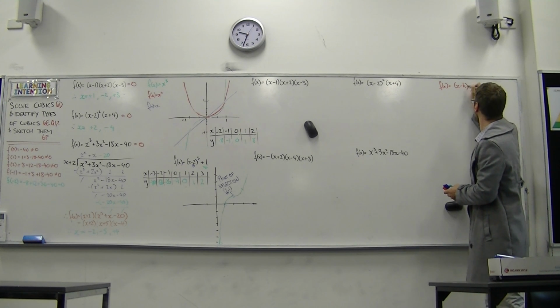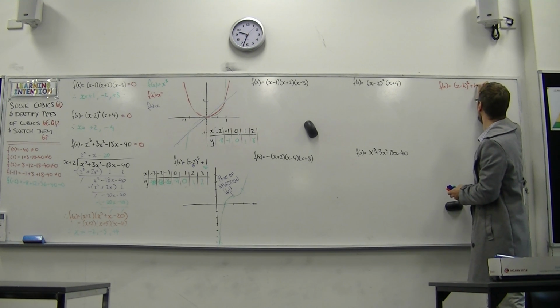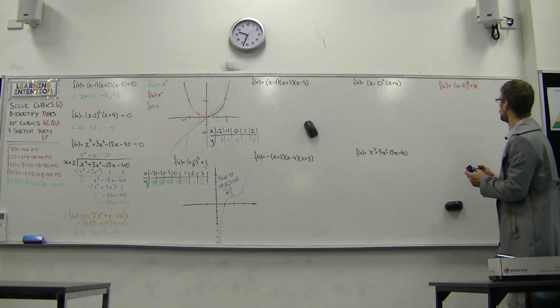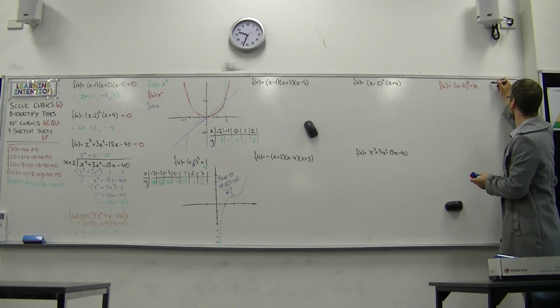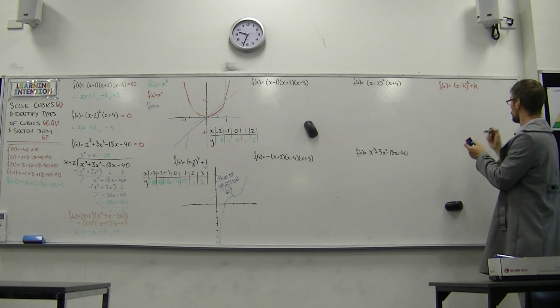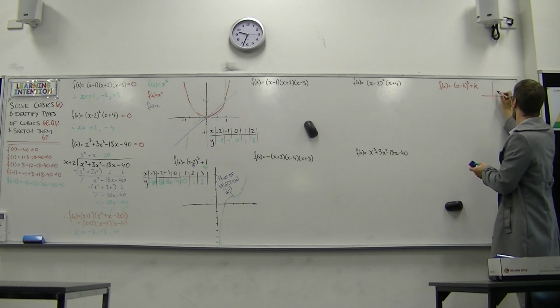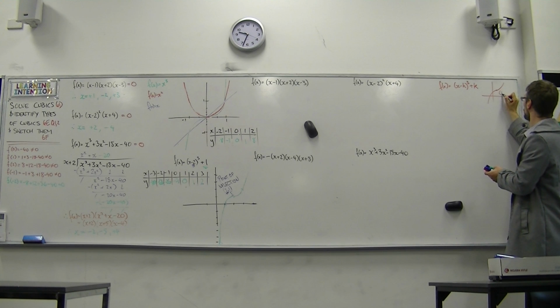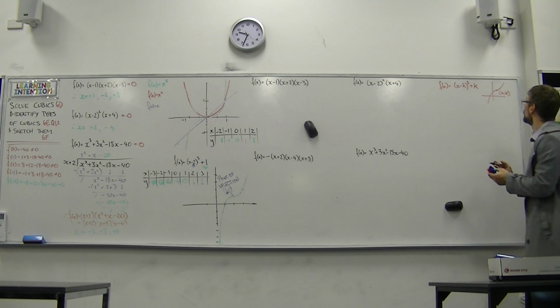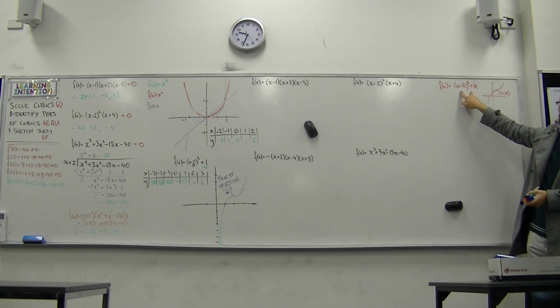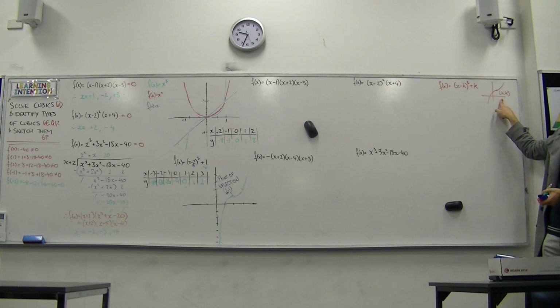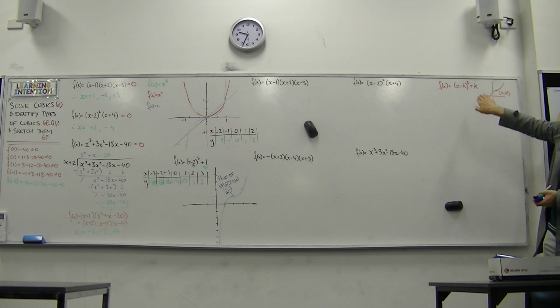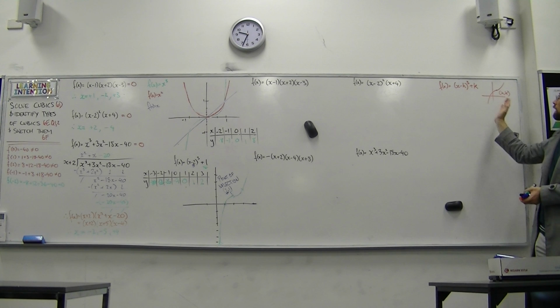X minus H, cubed, plus K. Then what? There you go. Cool. So whenever you have a form like that, you're always going to end up with something that goes slower and slower as it approaches H, K, and then takes off again.